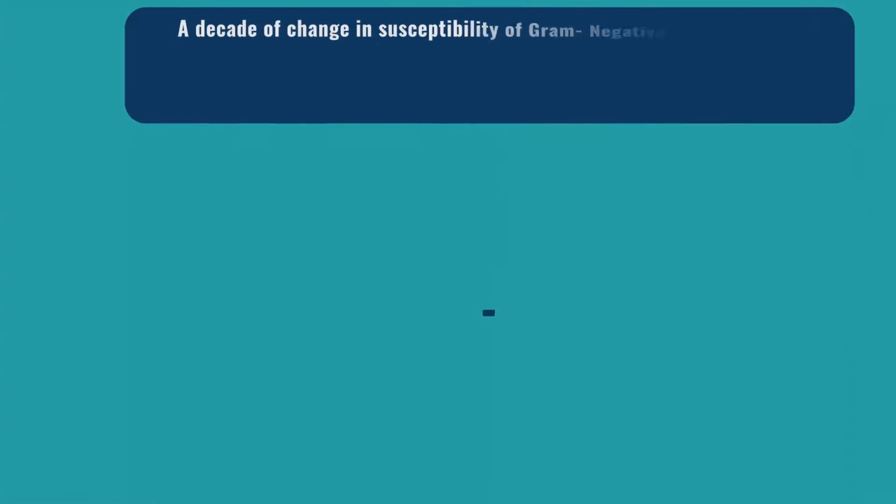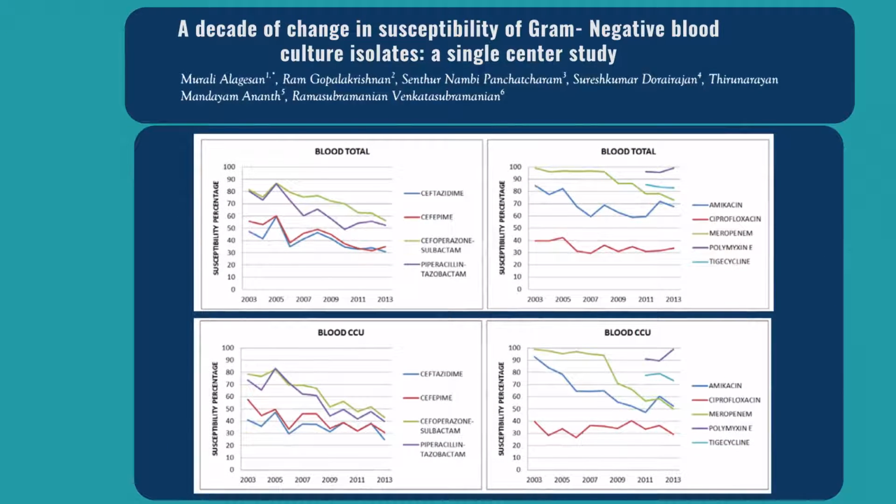In this study, which looked at a decade of change in susceptibility patterns of gram-negative blood culture isolates in one particular center, they found that for all their gram-negatives, from year 2003, where there was a susceptibility of almost 80% to cefoperazone sulbactam, it fell down to around 60% in 2013.